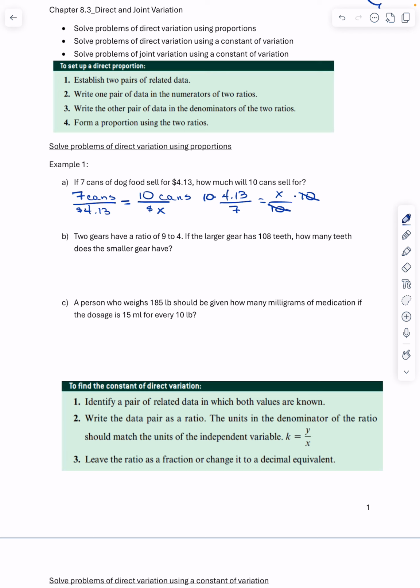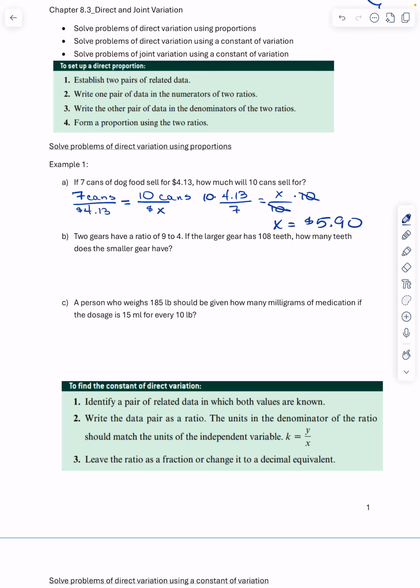We're going to divide that by 7, and I get X equals 5.90. I didn't leave a ton of room here, so organization has kind of popped back and forth. Sorry about that. So if 7 cans cost $4.13, 10 cans is going to cost $5.90.